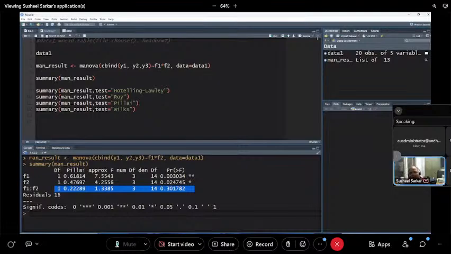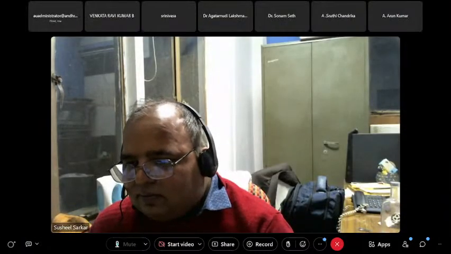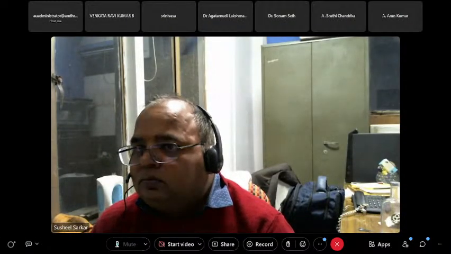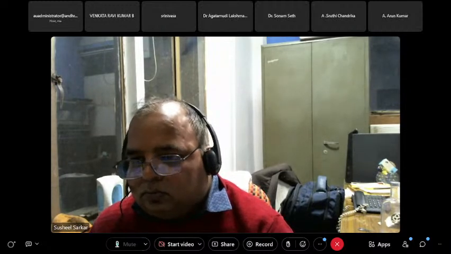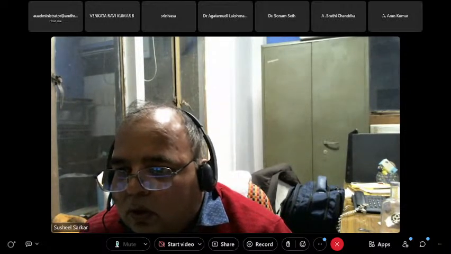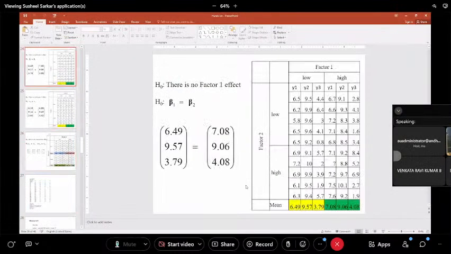What happens here? We are checking the equality of the first hypothesis. Forget about factor 2. Factor 1 has two levels, low and high. Are they significantly different or not? This was the hypothesis.